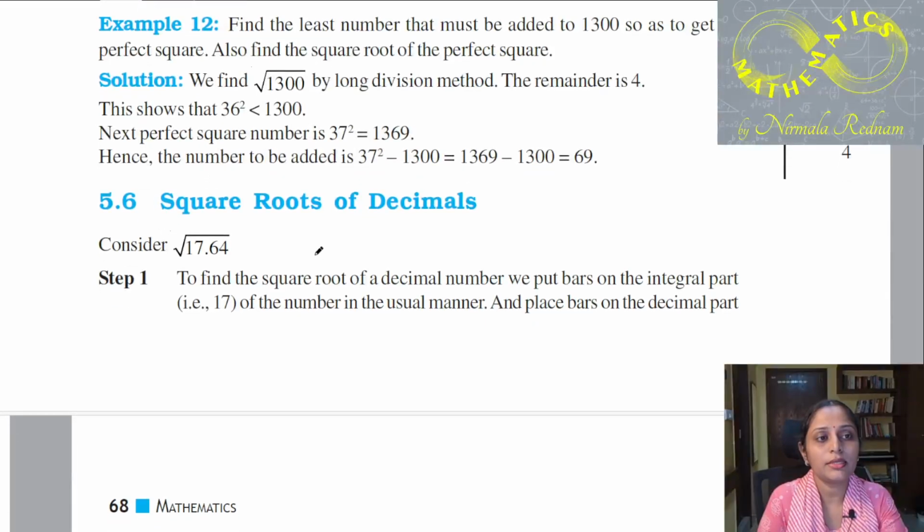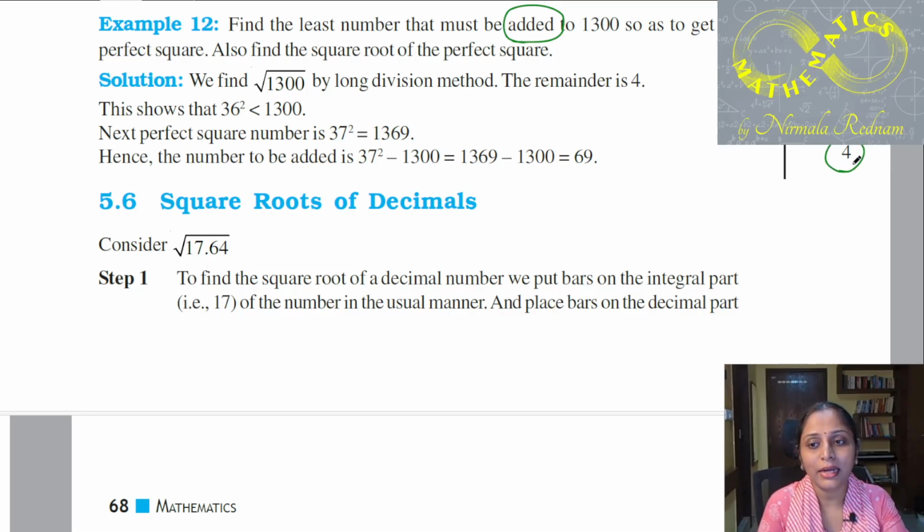Next question is, find the least number that must be added. Now earlier we subtracted the remainder, remember? Now we have to add to the given number so as to make it a perfect square, right? So now here we'll first do the long division and you have a remainder. What does this mean?